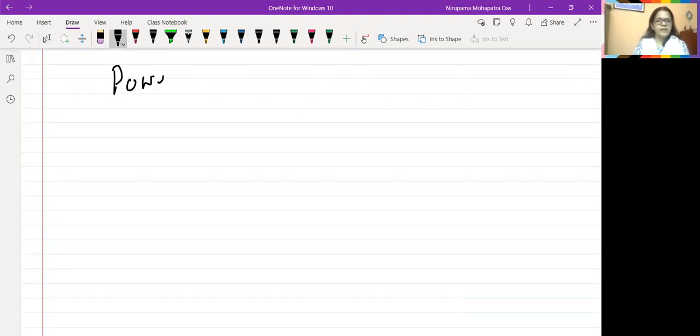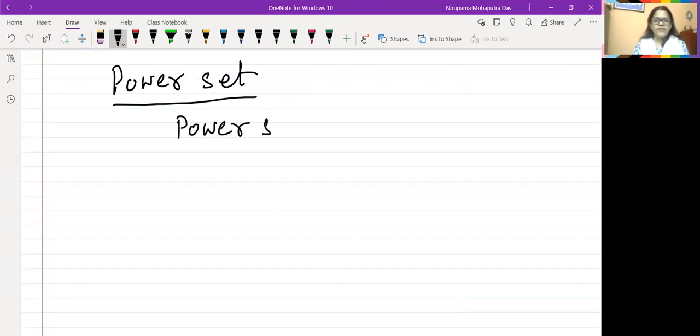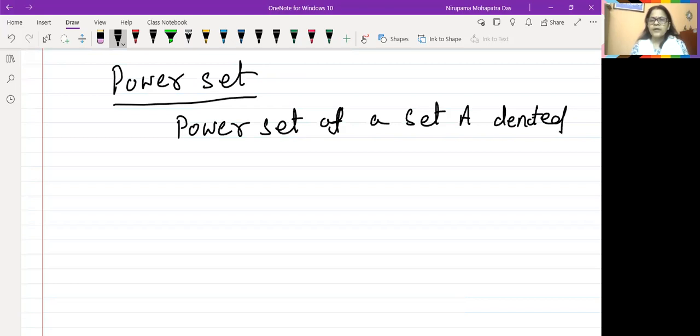What is the power set of a set? We can write the power set of a set A, denoted like this.